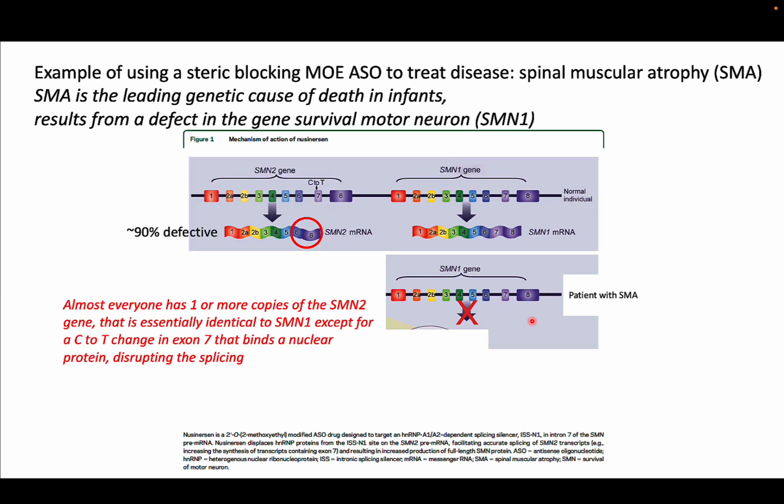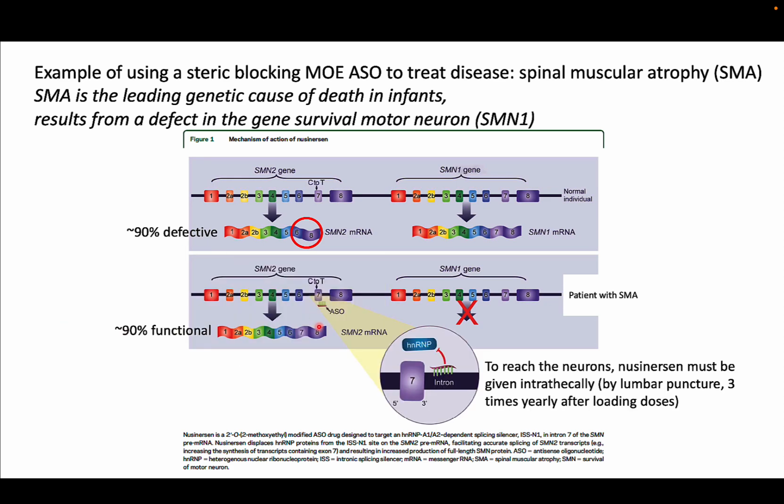This gene is unique, more or less, in that there's a backup copy of the gene, an extra copy in the genome called SMN2, which is almost identical to SMN1, except for a C to T change in exon 7. This single base change leads to the binding of a protein that inhibits the normal splicing of exon 7, so that it's excluded from the mature mRNA in 90% of the RNAs that are made.